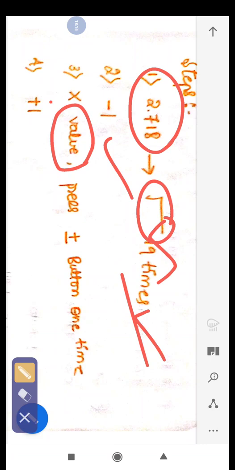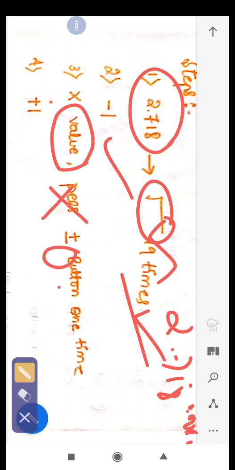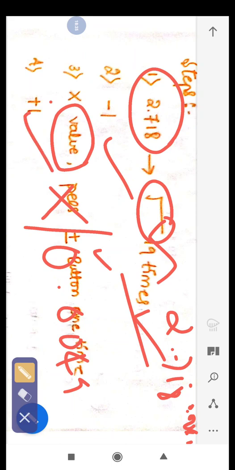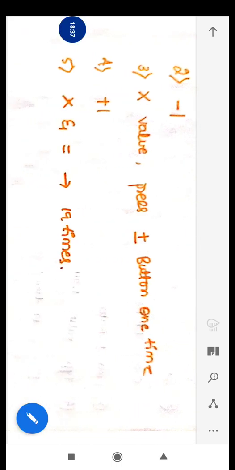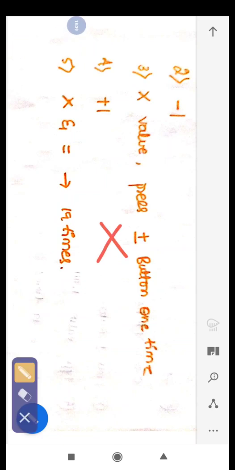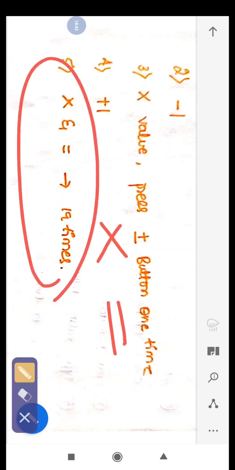So here I have to calculate for 2.78 to the power minus 0.0049. So I have to press here 0.0049. Next step is I have to press plus or minus button for one time. Next we have to add one. Next, last step is press multiply and equal button for 19 times. You will get the required value for the log.